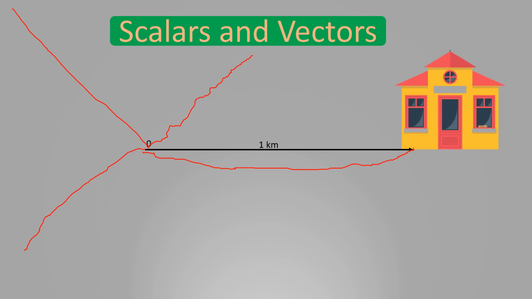For example, speed, mass, volume, and distance are all examples of scalar quantities. Examples of vector quantities are acceleration, velocity, and electric intensity, and I can give you a lot more examples. So how are we going to represent vector quantities? We use an arrow above the letter or below the letter, and this way we can represent vector quantities.